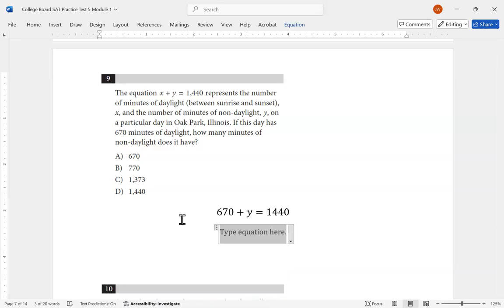So take 1,440 and subtract 670, and we get Y equals 770. And that means the answer to number 9 is B, 770. So 670 minutes of daylight, 770 minutes of non-daylight.